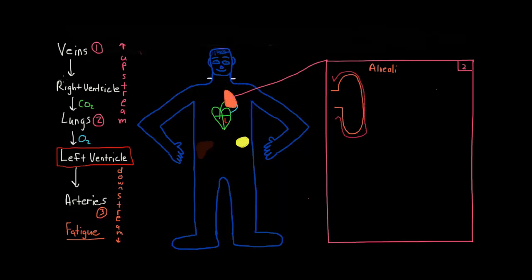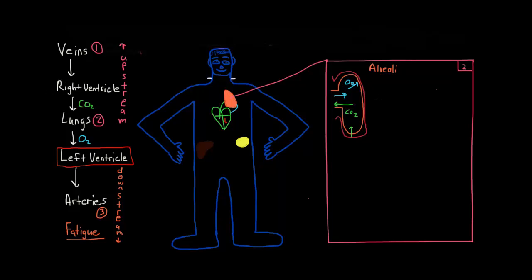Let's say that in the first part of this capillary, we're dropping off CO2, and in the second part of this capillary, we're picking up oxygen. Now, it doesn't exactly work like this, but I'm just trying to illustrate to you that in the capillary and alveoli complex, we're both dropping off waste and picking up oxygen.